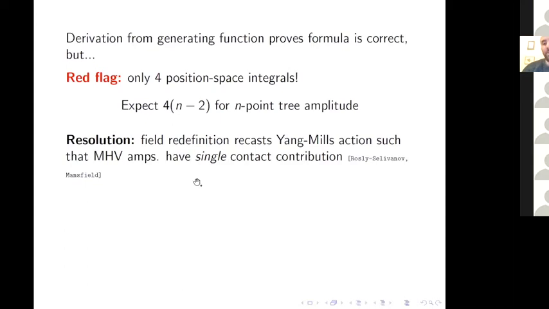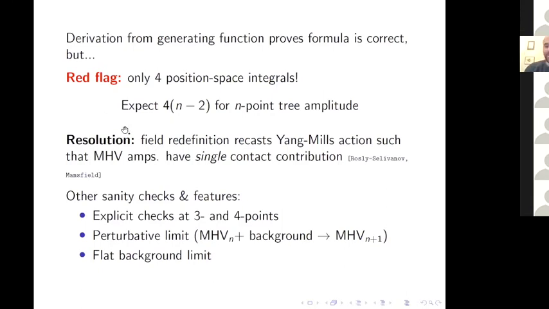Although, as far as I know, there's no way you could use their arguments to actually derive the formula on the previous page. You could use them to derive the expectation that you would get a formula with only a single position integral left to do, but the rest of the formula you'd never be able to derive that way. But anyway, this is the resolution for why you have so few integrals. There's some highly non-trivial field redefinition you could do that recasts the action in such a way.